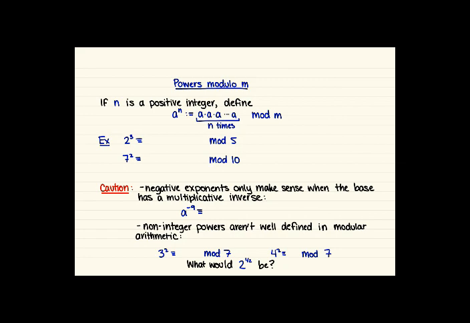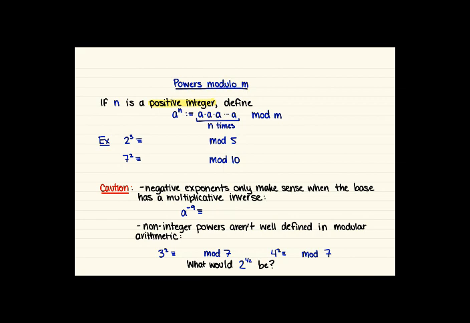So notice here that in this definition, we're only making this when n is a positive integer, because it has to be a whole positive number for us to actually multiply a times itself n times. So for that to make sense, it has to be a positive integer.